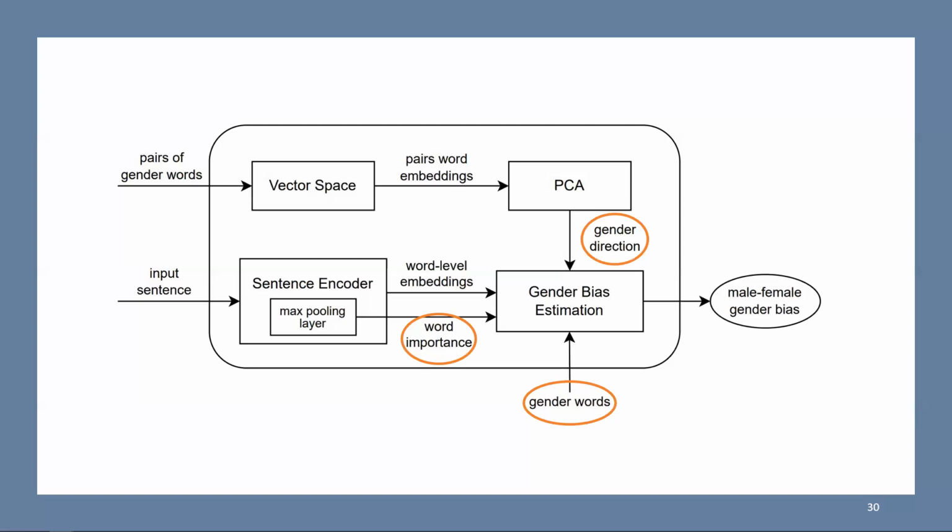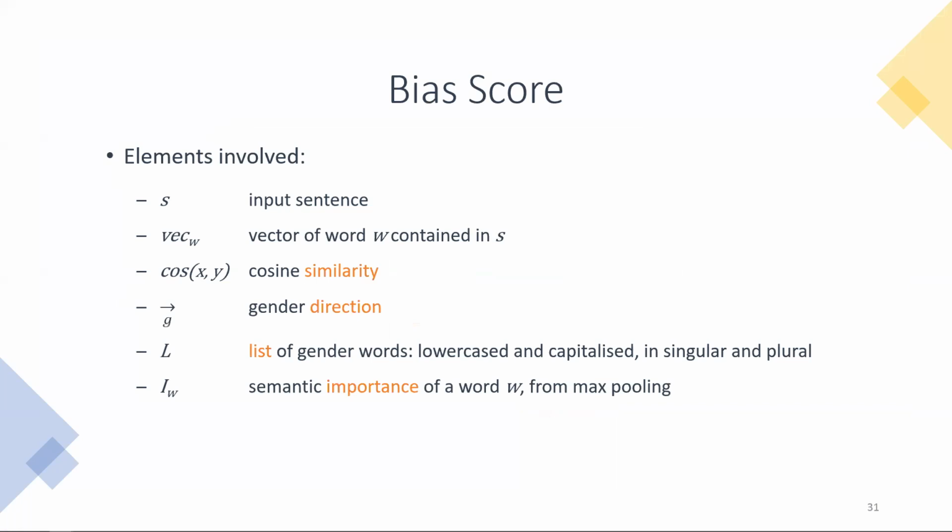So if the embedding of a certain word is selected many more times in the pooling layer, then this means that this word is more important for the final representation. And then by combining these word importance, word level embeddings, gender words, and gender direction, we can estimate the gender bias on both directions. So these are the elements involved that we saw previously, just in a more formal notation.